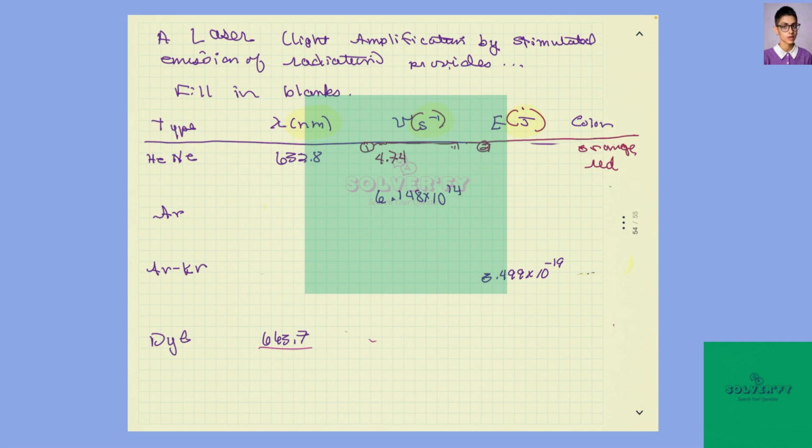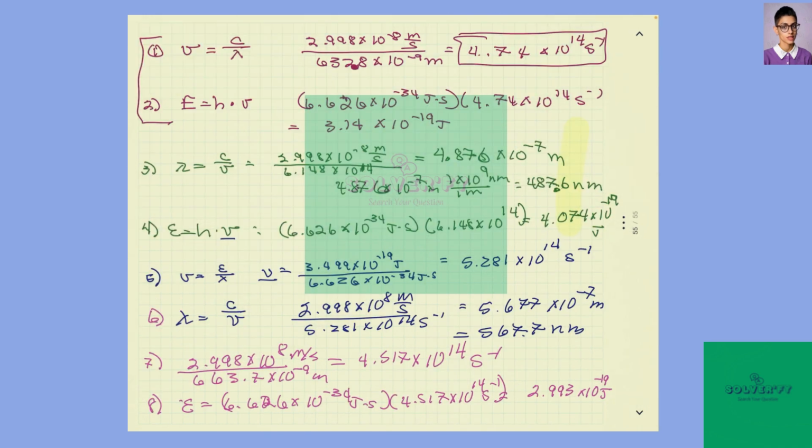This is my laser. Okay, let me stick this in my calculator again. 2.998 times 10 to the 8th divided by 632.8 times 10 to the minus 9th.